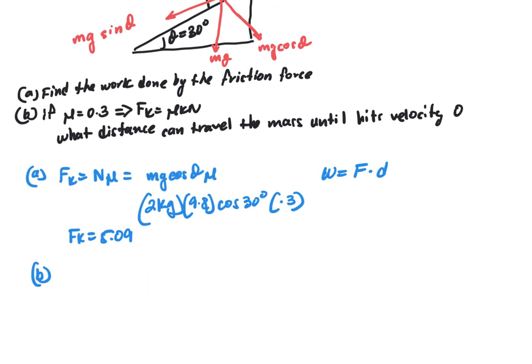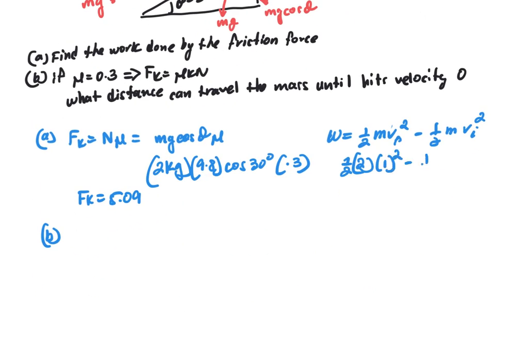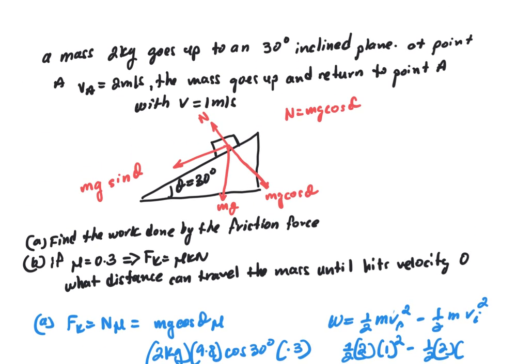All right, so we know our work is going to be 1/2 m v final squared minus 1/2 m v initial squared. So 1/2 mass of 2 kilograms, and our final velocity was 1, I believe. Yes, it'll be 1 squared minus 1/2 of 2, and we started at 2.